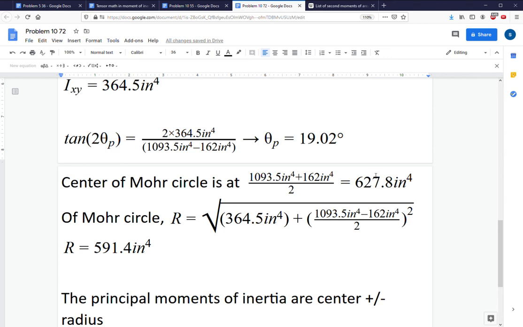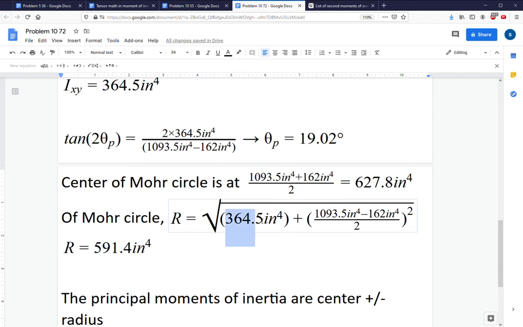So on figure 10.19, 627.8 inches to the fourth power, that is the location of the center of the circle. I can also find the radius of the Mohr circle. So going from the center to, say, point A, I first go in the y direction.